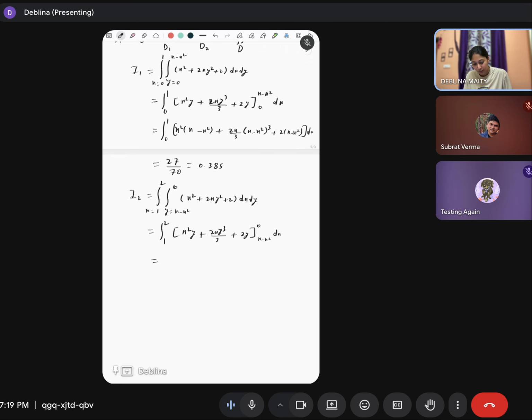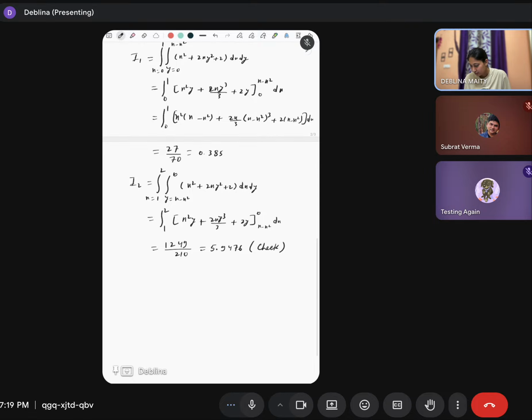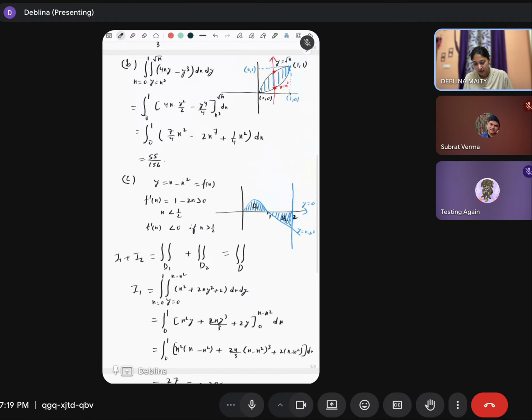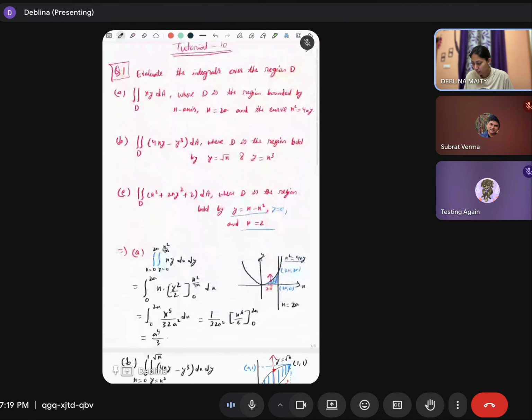Okay, just do the calculation and you will find out that this value is 210. Please do it on your own. Okay, check. So I will be 6 point. Okay, so we have solved this question 1.